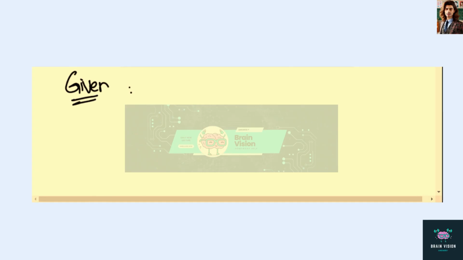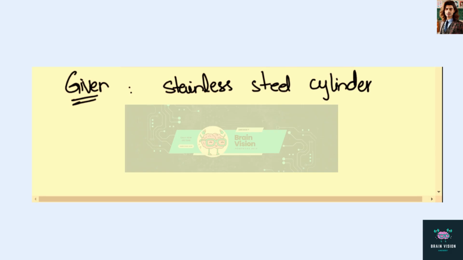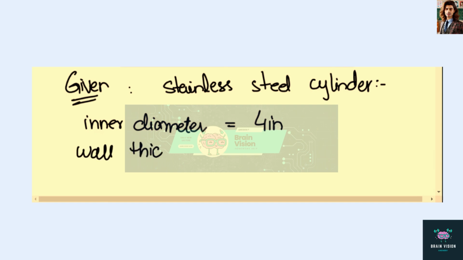So in this question, we are given a stainless steel cylinder, and the stainless steel cylinder has an inner diameter of 4 inches, and wall thickness equal to 0.1 inch.